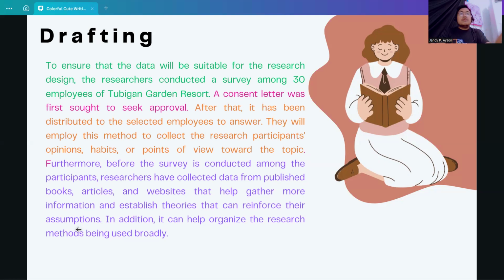And after proving its reliability, it was disseminated to, kanino? Kanino dinisseminate? Ayan, i-mention nyo na.